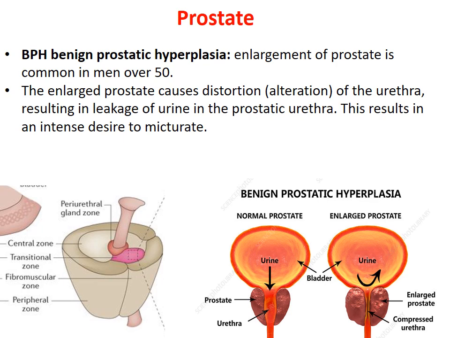Okay, this is a slide that is showing the prostate gland, benign prostatic hypertrophy, hyperplasia. Hyperplasia is a tumor of the prostate gland, and it's a benign type, and it is enlargement of the prostate common in 50 plus age.